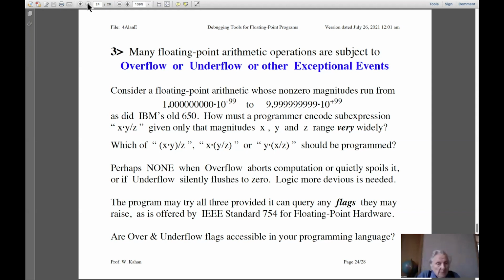And you'd like to compute it in the perfectly okay way. But if you choose the wrong one, you're going to get an overflow or an underflow. And that can be somewhat annoying.